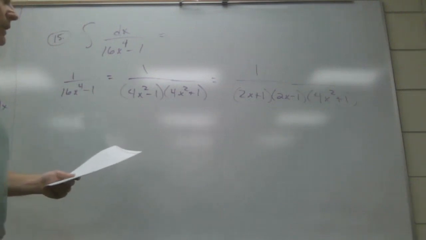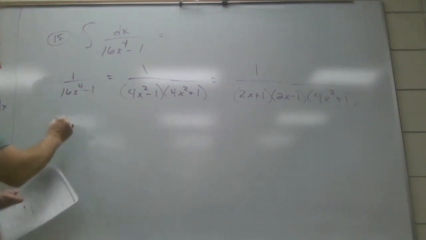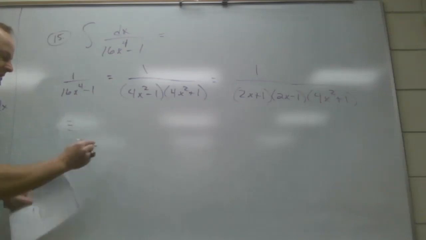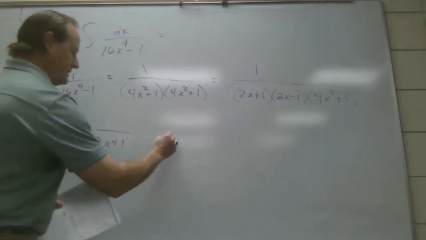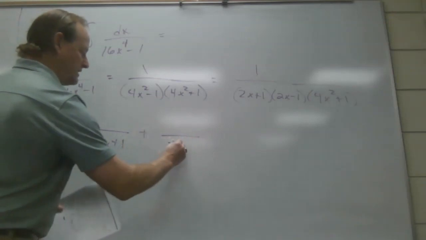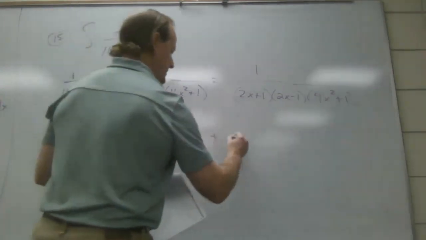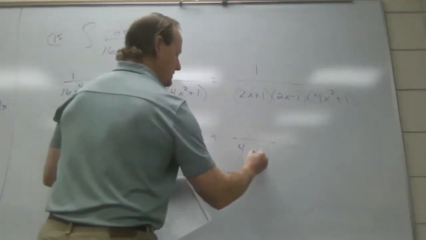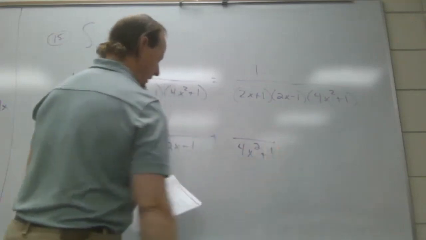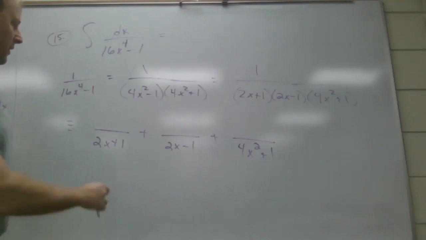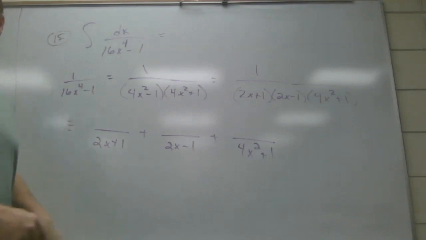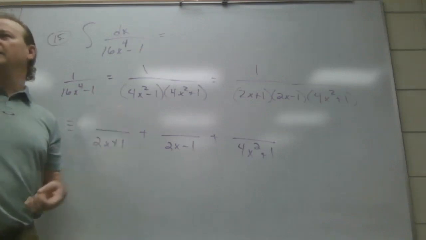So what we really want to do is write this as equivalent to something over 2x plus 1, plus something over 2x minus 1, plus something over 4x squared plus 1. And of course, if you remember what we talked about before, whatever the degree of the denominator is, what do we have to have for the numerator?